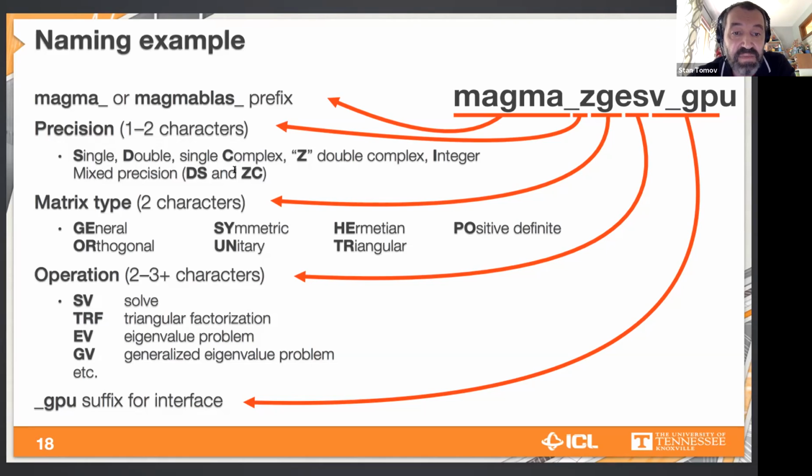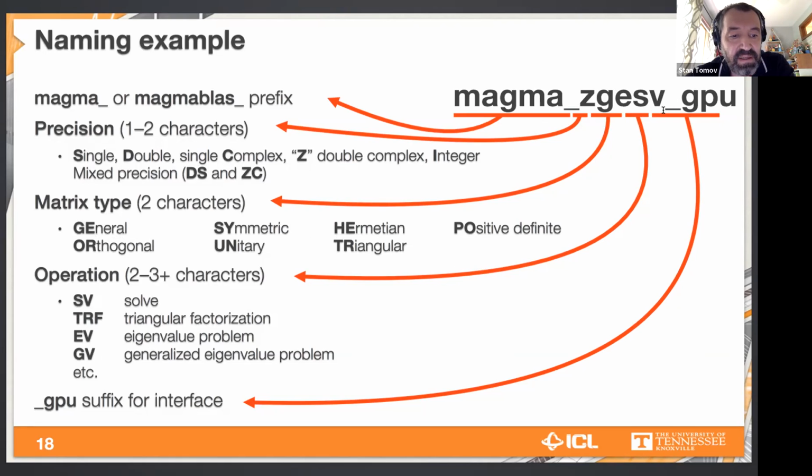And then you have mixed precision routines, followed by the matrix type. So it could be general for general matrices, orthogonal, or all these listed here. Then followed by the functionality of the routine, SV, for example, for solvers, or TRF, triangular factorizations, and so on.